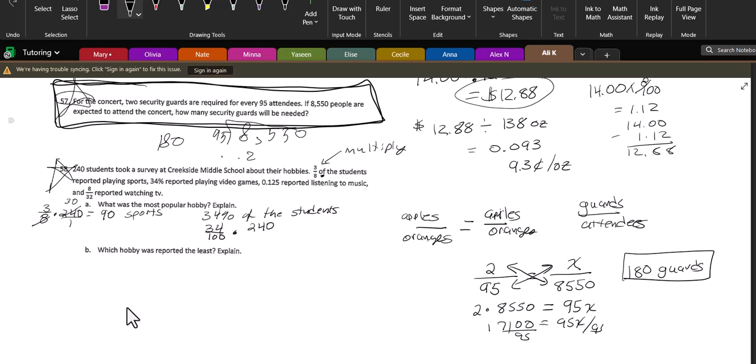Let's see. So I can cancel the 10 with the 10, and then 2 goes into 10 5 times, 2 goes into 24 12 times. So I have 34 over 5 times 12 over 1.